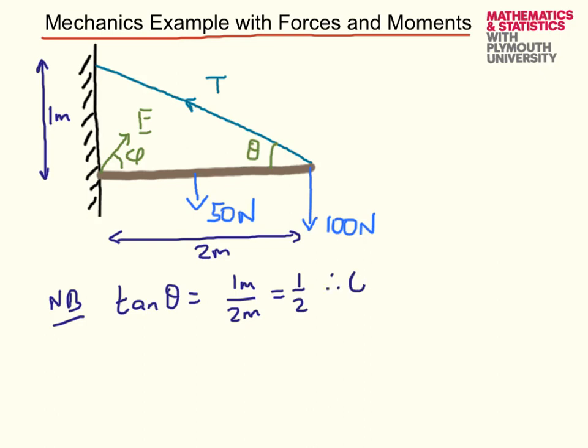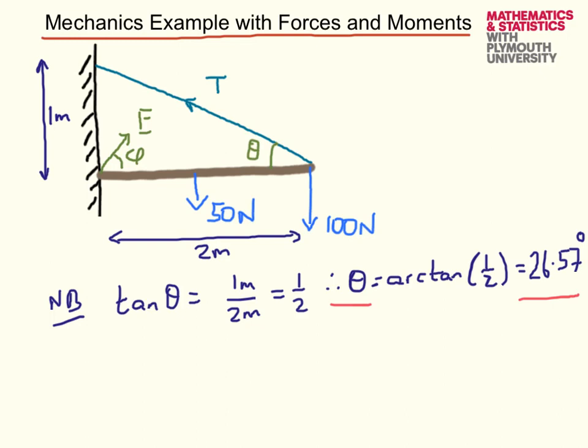Therefore theta is the arctangent, the inverse tangent of 1/2, and if you put that into a calculator, what you are going to get is 26.57 degrees, assuming that your calculator is set up in degrees. So that is the angle.